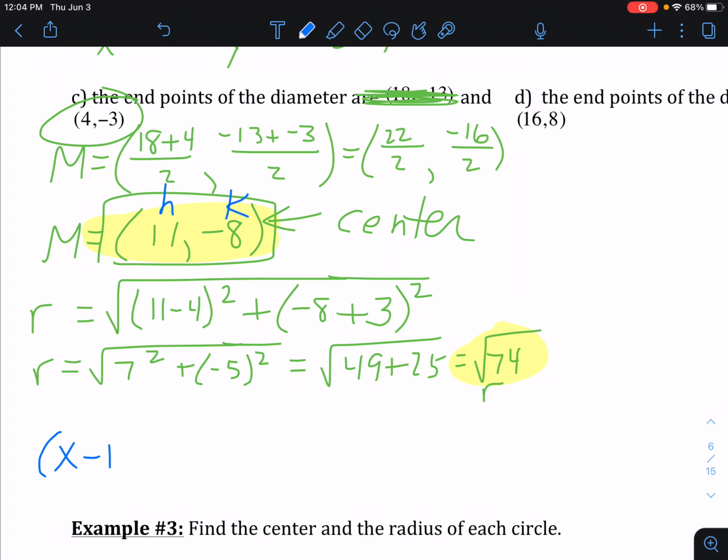So x minus h squared. The h and k always come from the center, remember that. Plus y minus k, but it's a double negative, so plus 8, and then squared. And then for the r squared, if the radius is square root of 74, remember that the square root of 74 times the square root of 74 is just 74. You don't need the radical in there. And there's your answer for an equation.